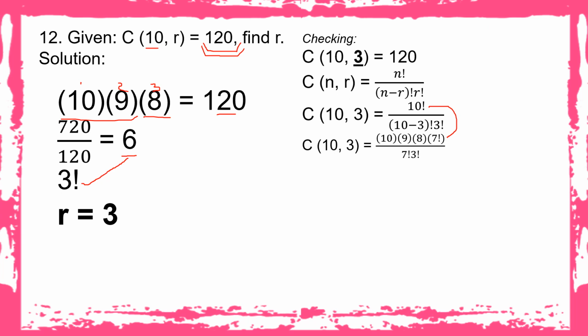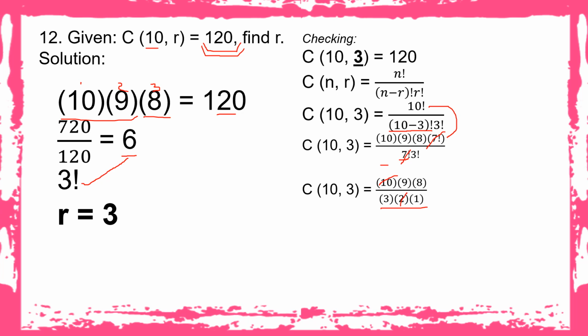I end our numerator with 7 factorial because 10 minus 3 factorial in the denominator is 7 factorial multiplied by 3 factorial. Again, it is division, so we can cancel 7 factorial and 7 factorial. We now have 10 times 9 times 8 over 3 factorial, which is 3 times 2 times 1.